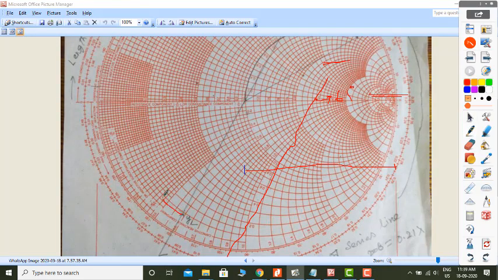Roughly this is the real part, and this one is the imaginary part. You can read the load admittance this way, once you extend this line.